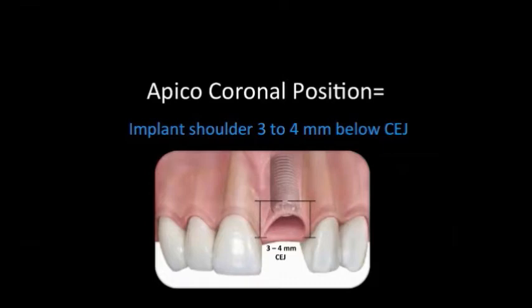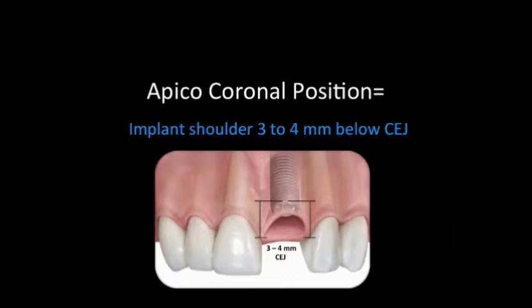Sometimes we go deeper. If we go deeper, there are also ways to control the gum, and we have to know how deep we're going and where to stop, because if you don't stop at the right place, you can place your implant too deep and then you end up having a recession. So if we go deeper, we have to follow a way in order to maintain the soft tissue so we don't have a recession.